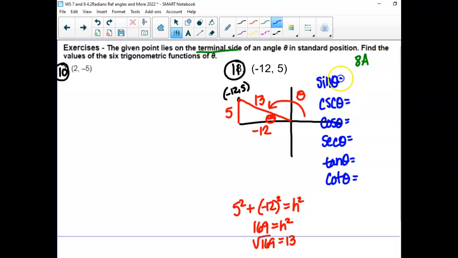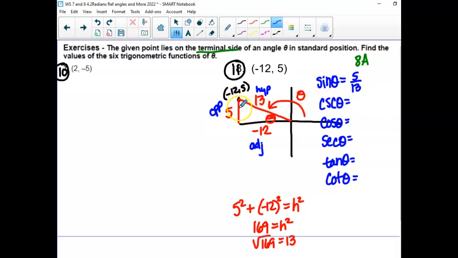Okay, they're really easy on this one because there's no reducing or rationalizing ugly square root denominators. So from this angle, this would be called opposite, this would be adjacent, and this would be hypotenuse. So sine is opposite over hypotenuse. So it's 5/13.